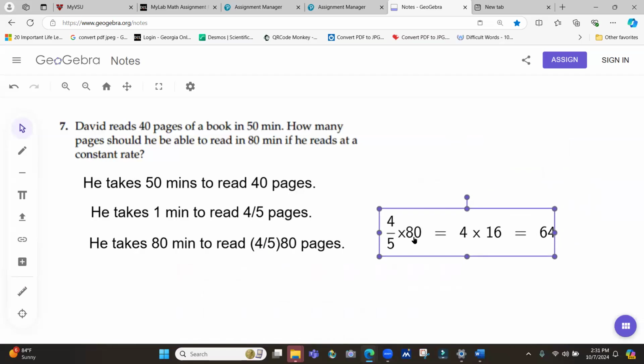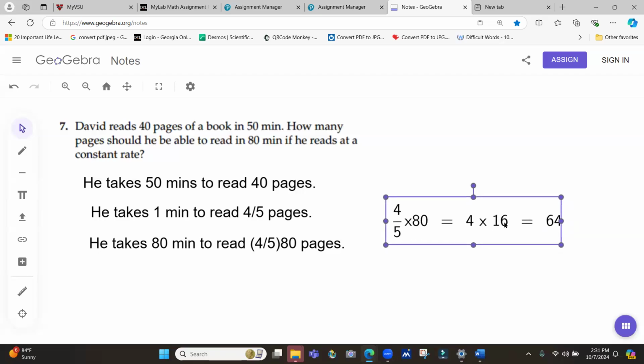Just a moment. So what am I doing? Yeah, that makes sense. 50 minutes is 40 pages, so 100 minutes will be 80 pages and 80 minutes will be less than 80. That's totally fine. That's reasonable. Answer is 64.